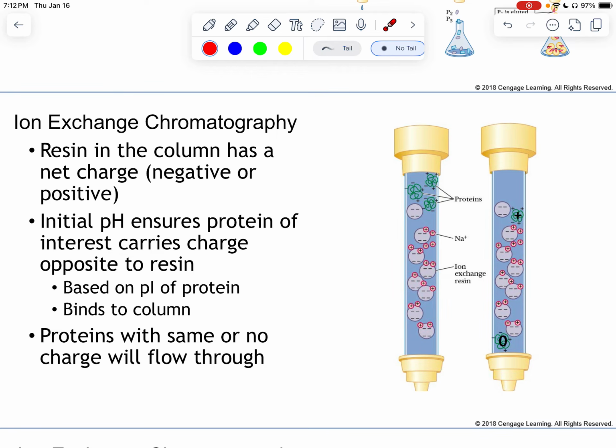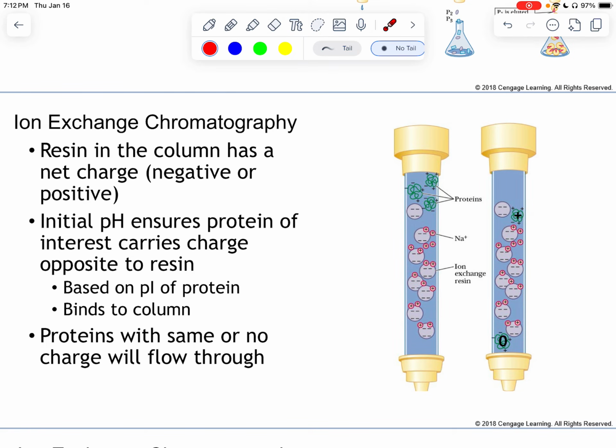If we have a protein of interest that we want to get caught up in this column, we want to isolate it, then we're going to pick a pH where we know that protein would carry a charge that's opposite to the resin. So in this case, since we have a negative resin, we're going to pick a pH that will give our protein of interest a net positive charge.